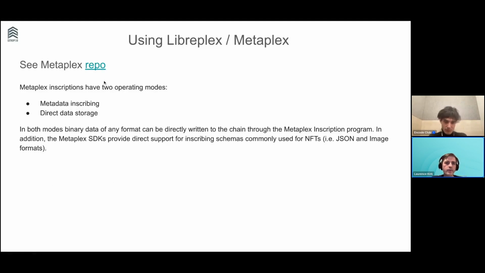They're allowing you to add metadata. I think this is more like the SPL20 idea, where you're adding metadata, but not necessarily some digital asset. So you're just adding metadata to a particular token. And then this direct data storage is the idea where you do have some actual asset that you want to get stored in an account, and then that will get associated with a particular token as well. So there are links there to that and details about that.